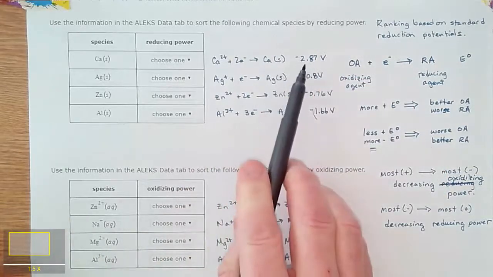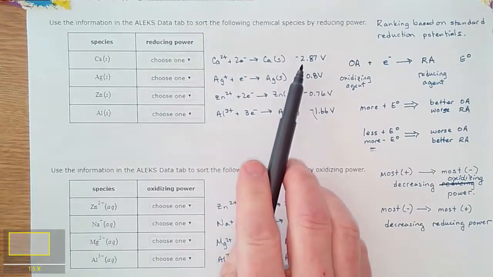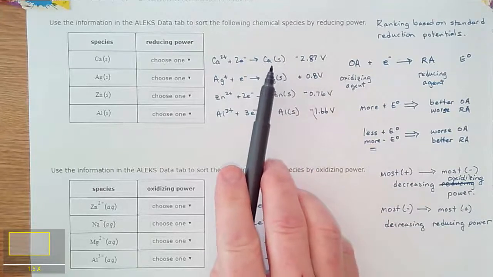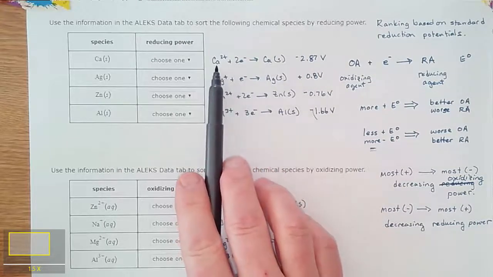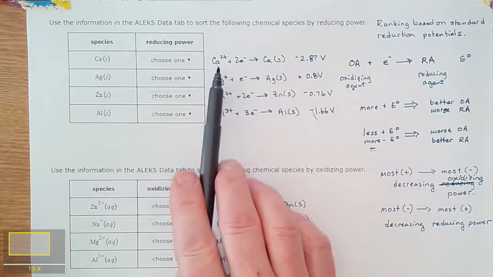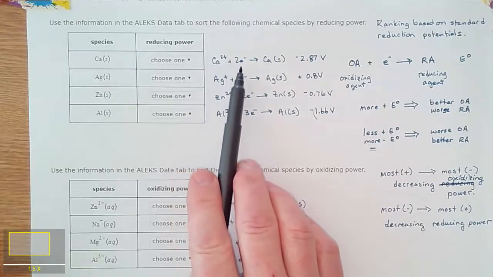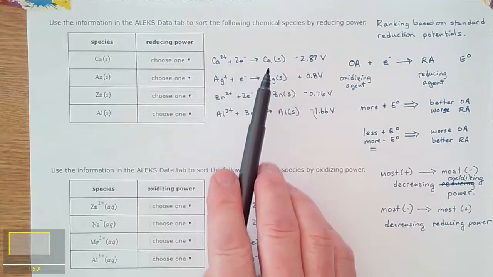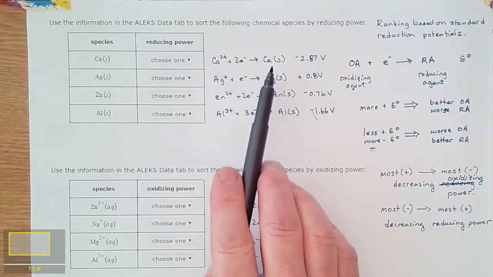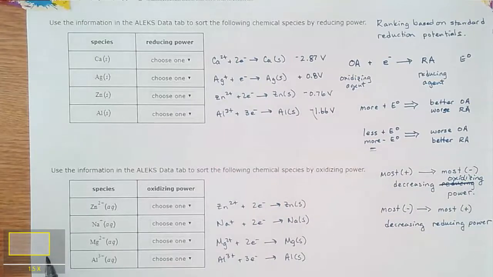So negative 2.87 is really a big negative number, and that tells us that calcium really does want to lose 2 electrons and become calcium 2 plus. But on the other hand, the calcium 2 plus really does not have all that much interest in picking up 2 electrons and becoming calcium solid. This we might kind of expect based on the notion that metals lose electrons, and calcium will tend to form a 2 positive ion in order to get a noble-like structure.